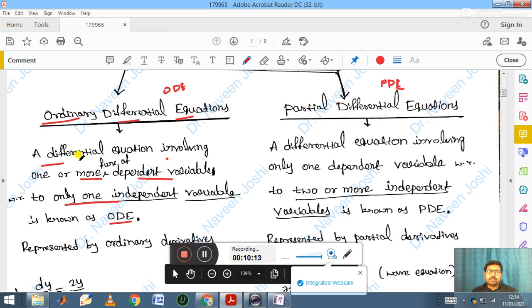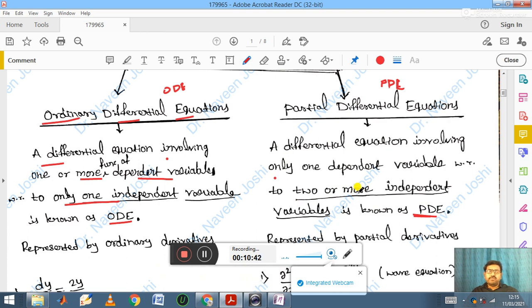A differential equation involving one or more functions of dependent variables with respect to only one independent variable is known as an ordinary differential equation. While in case of partial differential equation, the definition is a differential equation involving only one dependent variable with respect to two or more independent variables is known as a partial differential equation.